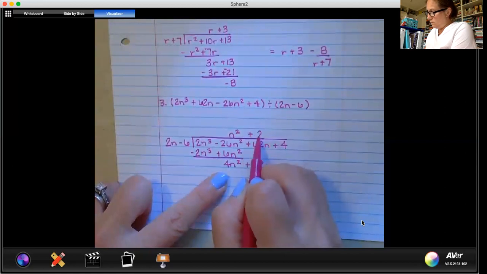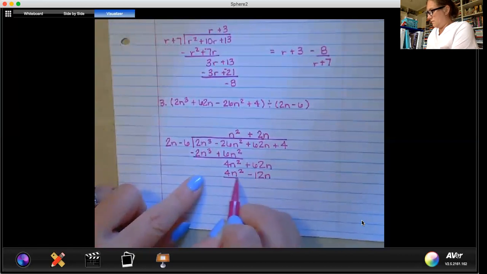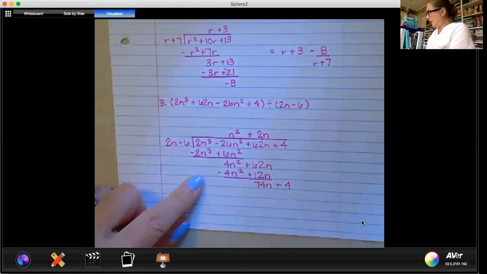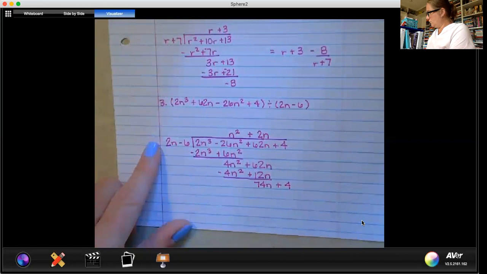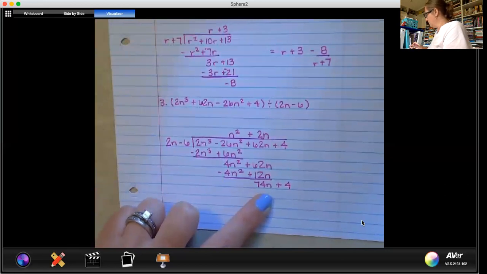That's 2n. Multiply. Subtract. Bring down. And 2 goes into 74n. Let's see, 74 divided by 2.